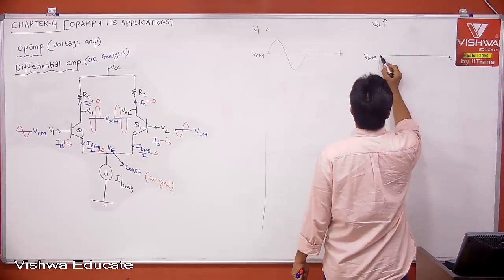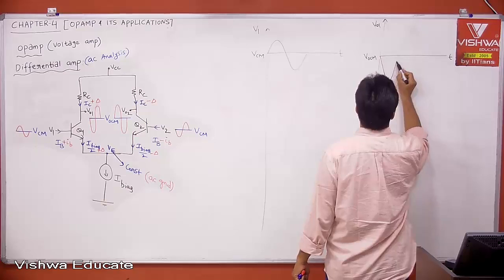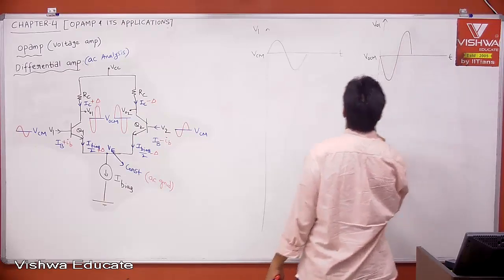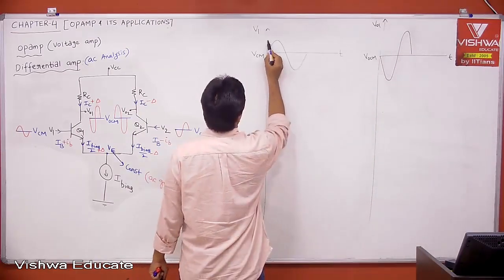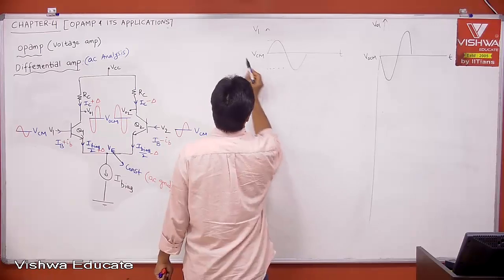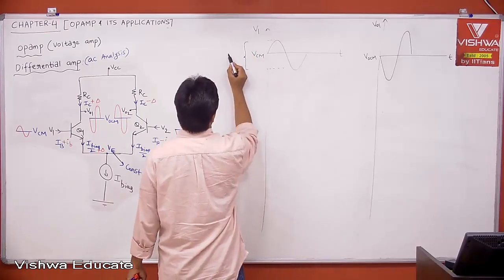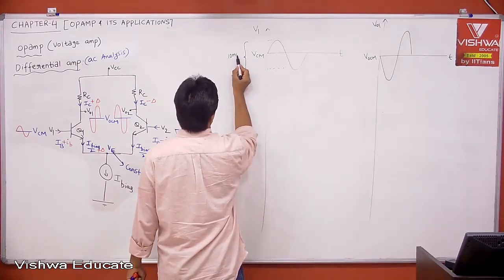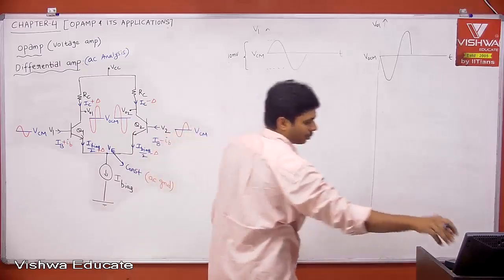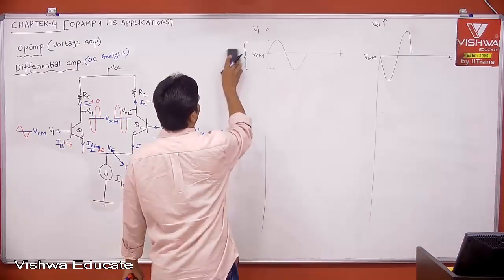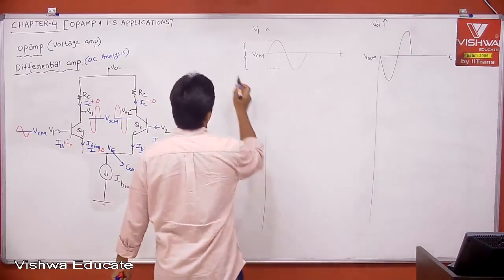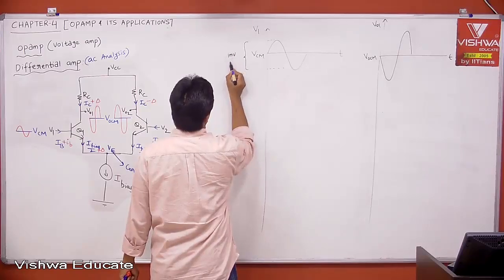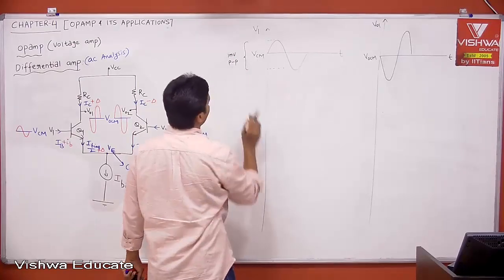For this input, let us say this is what we are getting, and now let us say this is some peak to peak. For your understanding, let me take a 10 millivolt peak to peak. When you apply, or 1 millivolt peak to peak. When you apply 1 millivolt peak to peak, because we want to apply a small signal, therefore 1 millivolt peak to peak.